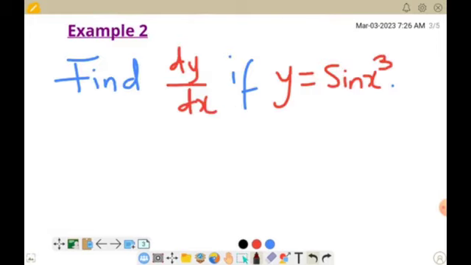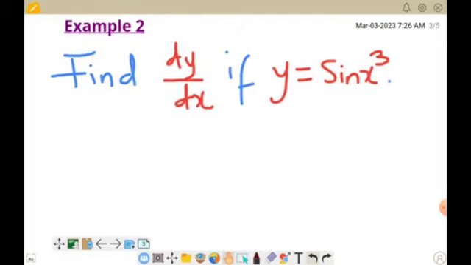Now we move on to the next. Example 2. Find dy/dx if y equals sine x cubed. How do we go about this? You can see when you have a trigonometric function, to determine what to make u, simply use the one inside.